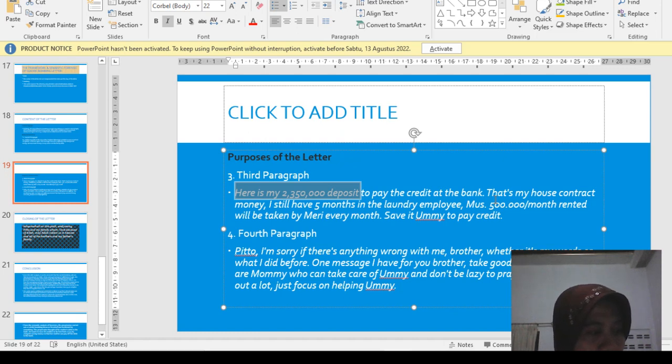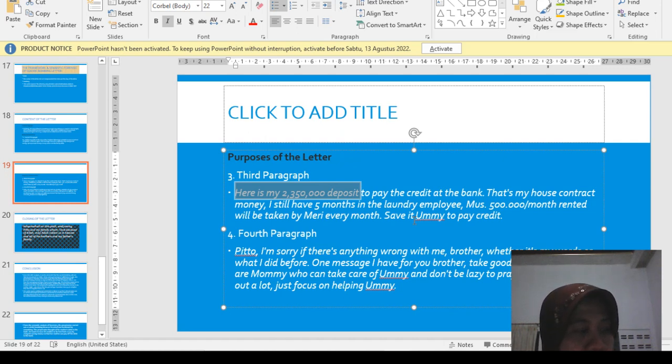This indicates to the reader that his mother should just take the perpetrator's deposit of 2,350,000 because the perpetrator still has this money saved for the house he rented for 5 months at Most Laundry.